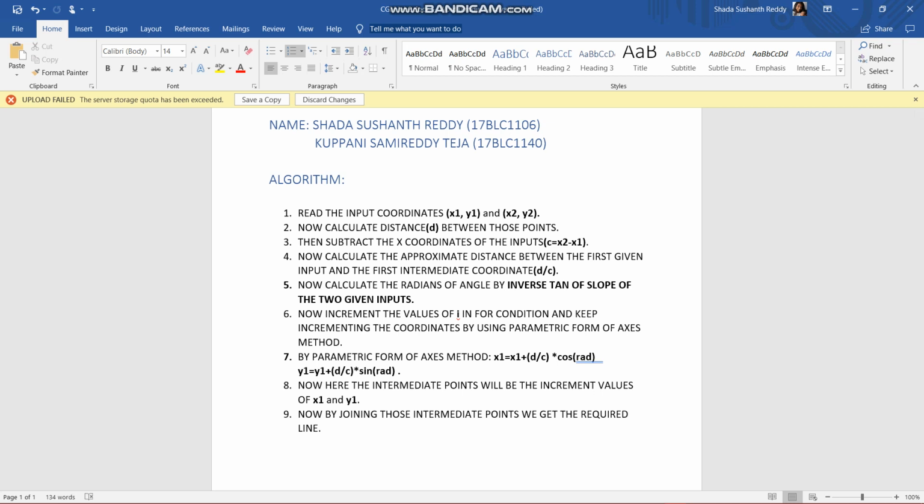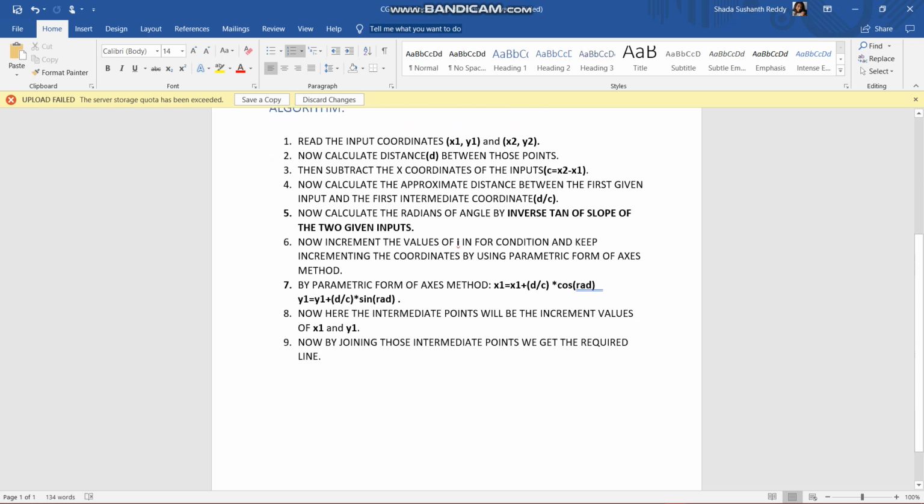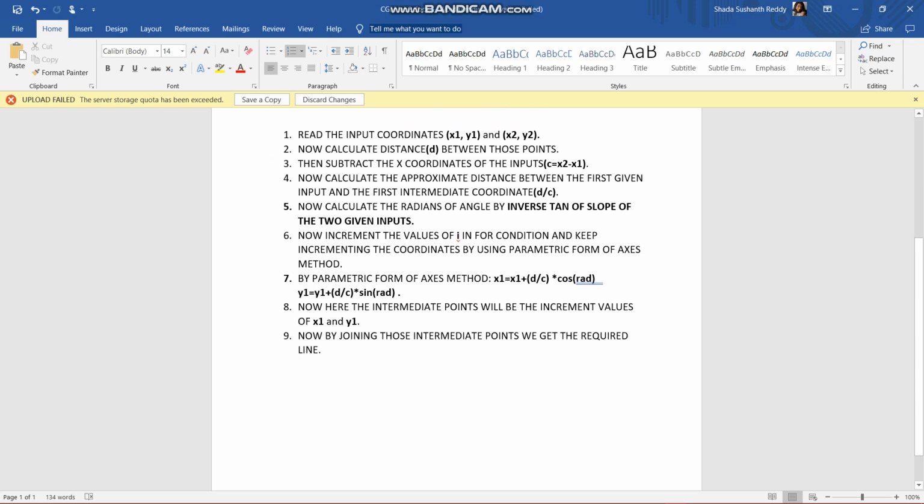So we can find the point which is at unit distance from the required point. The for loop is used to find all the points before the end point. So this is the idea. The equation projected here is x1 equals x1 plus d cos theta, y1 equals y1 plus d sin theta, as we discussed earlier.